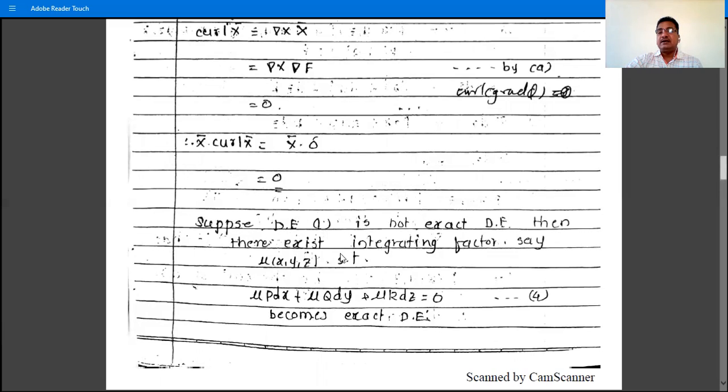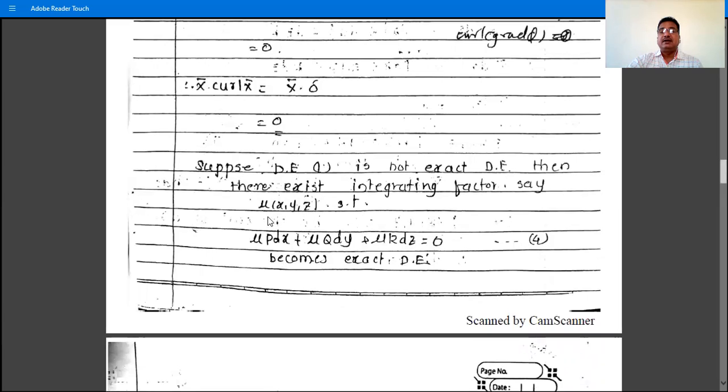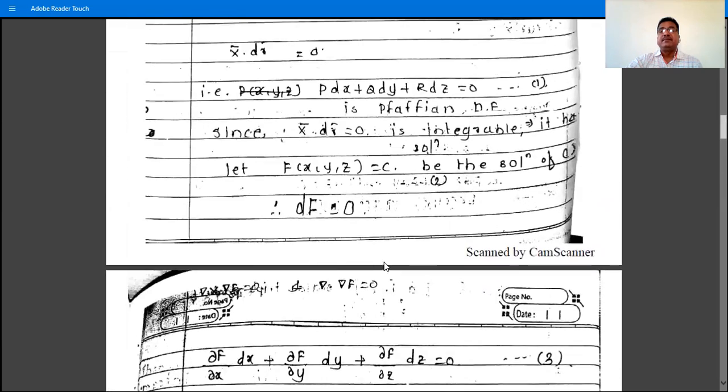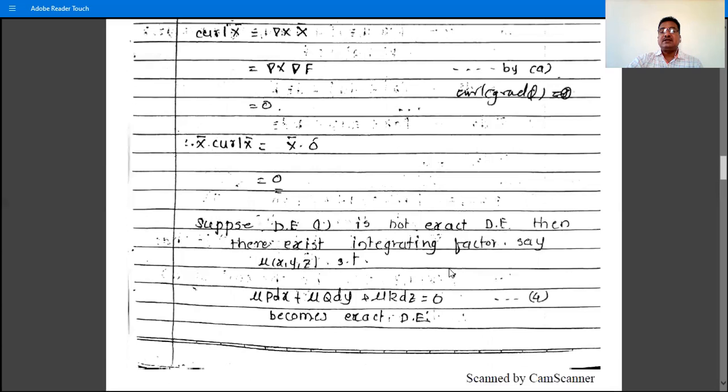Suppose 1 is not exact, then there exists an integrating factor, say mu, some function of x, y, z, such that mu P dx plus mu Q dy plus mu R dz equal to 0 becomes an exact differential equation. That is, after multiplying that integrating factor to this differential equation, it becomes an exact differential equation.